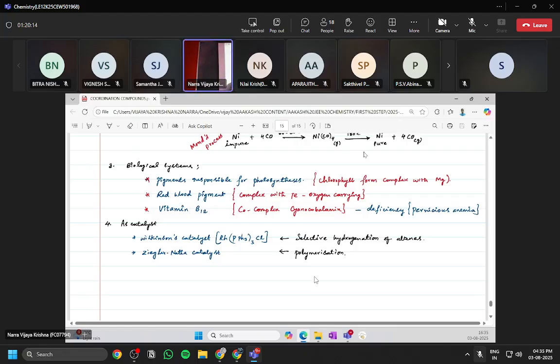In case of deficiency of B12, it leads to pernicious anemia. Now, as catalysts also we can use complexes: Wilkinson's catalyst, Ziegler-Natta catalyst, right? These are the applications of complex compounds.